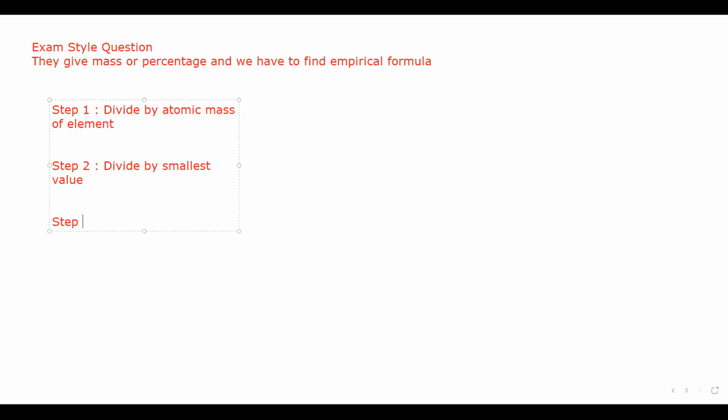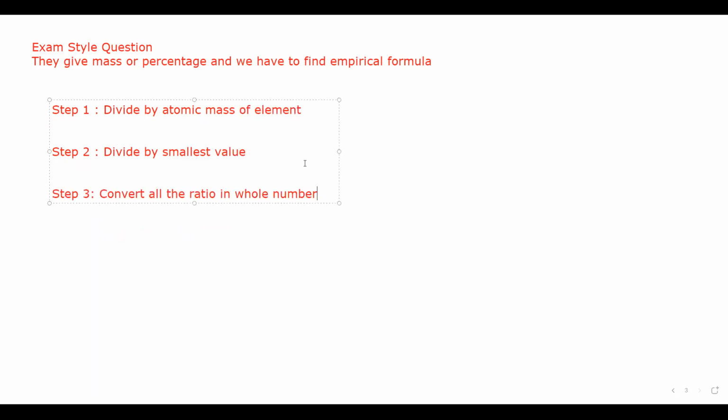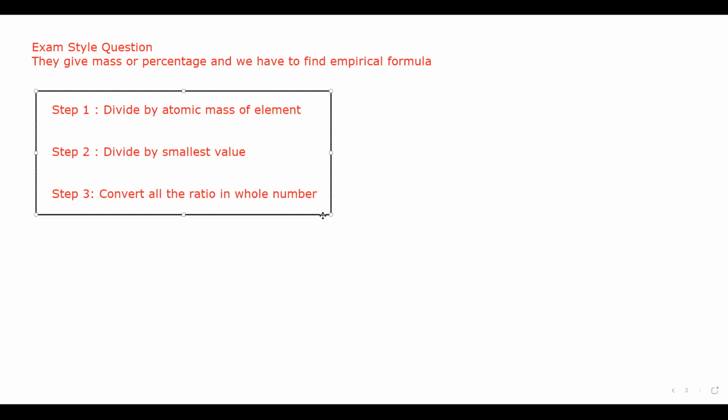And step 3, convert all the ratios to whole numbers. These are the 3 steps which you have to keep in mind: first we divide by atomic mass, then we divide by the smallest value, and then we convert all the ratios to whole numbers. I will give an example as well.